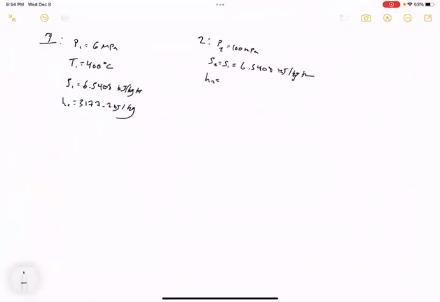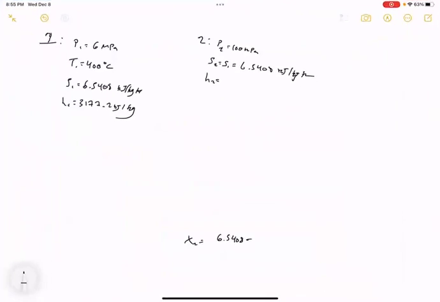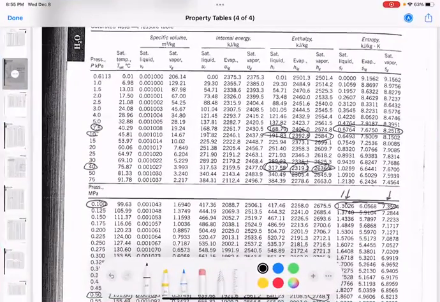So we're going to find the quality at state 2 by saying 6.5408, that's our actual entropy at state 2, minus the entropy of the saturated liquid, which is 1.3026, divided by the difference between the entropy of the saturated liquid phase and the saturated vapor phase, and that's the value we have in the middle here, SFG.